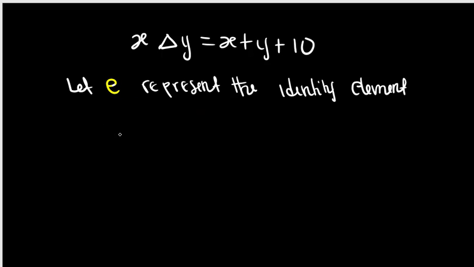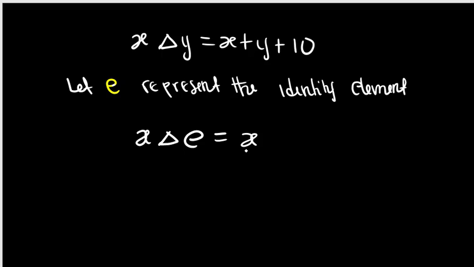The basic definition of the identity element: an element operating on its identity element gives you the same element. Therefore, x operating on its identity element E is equal to x.